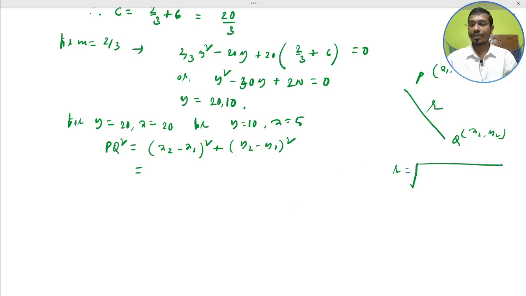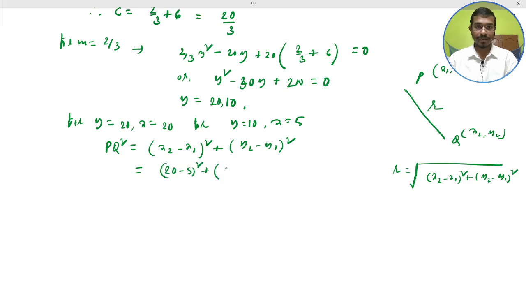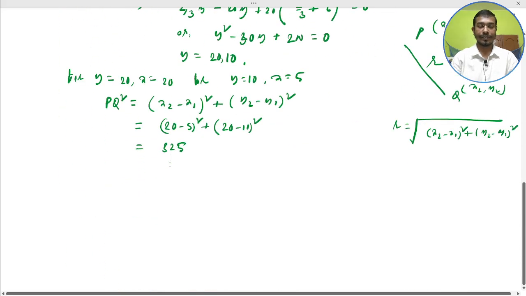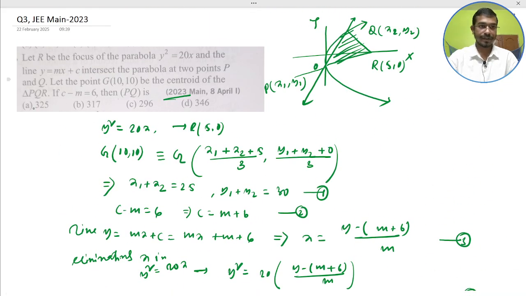R means the square root of (x2 minus x1) square plus (y2 minus y1) whole square. Put this value: (20 minus 5) whole square plus (20 minus 10) whole square. This would become 325. PQ square is equal to 325. 325 would be the correct answer. Option A is correct, 325.